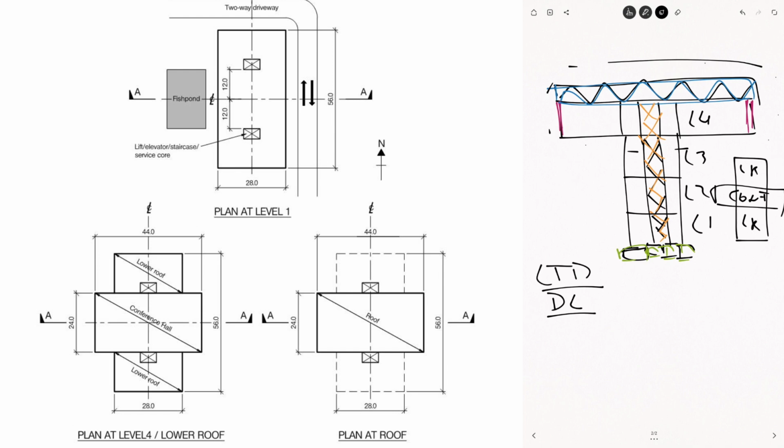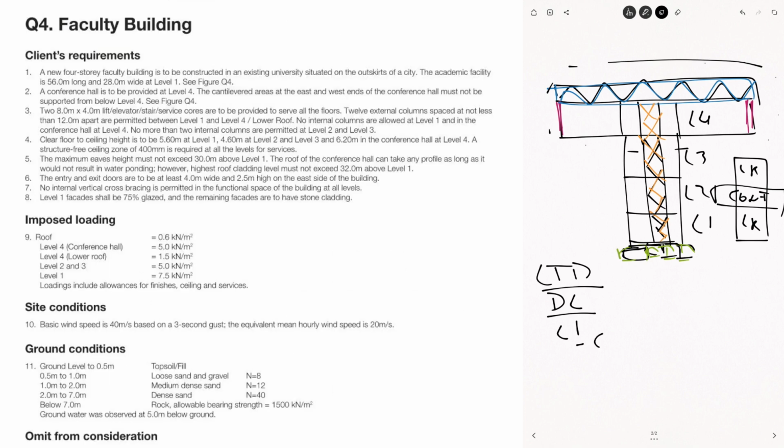Okay, so if we start with the dead load, level 1, we're going to have a ground bearing slab. Let's take 200 millimeters thick.